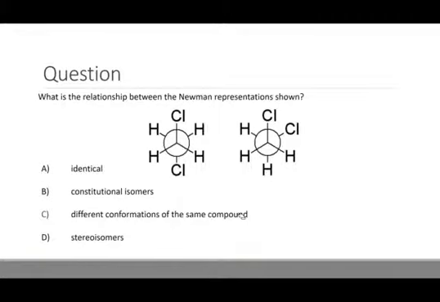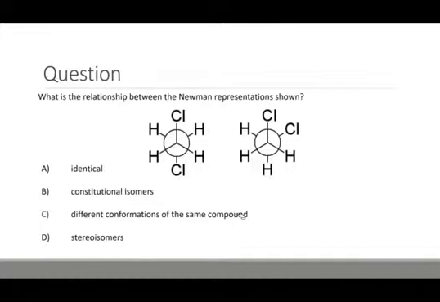Are they constitutional isomers? Remember, constitutional means that they have a change in the bonds, right? You actually have to move a bond. Are they different conformations of the same compound? So that would be a conformational isomer. That means it's just been rotated, but it's the same molecule.